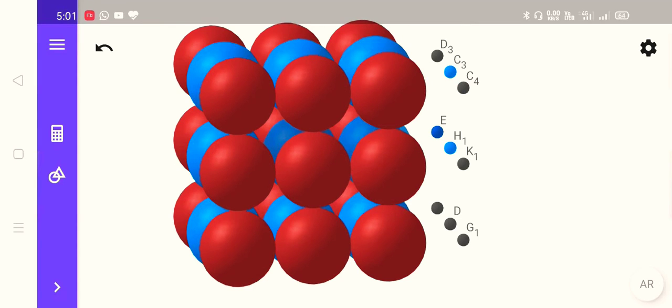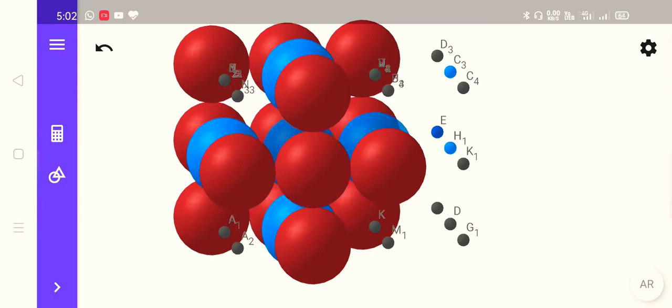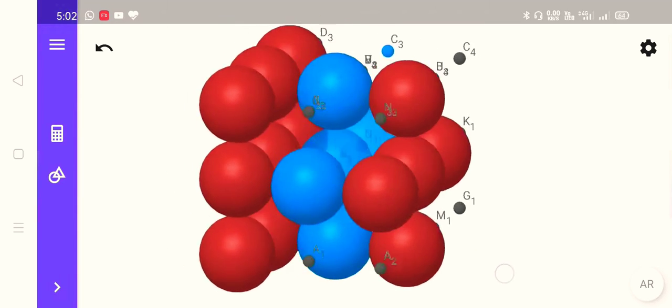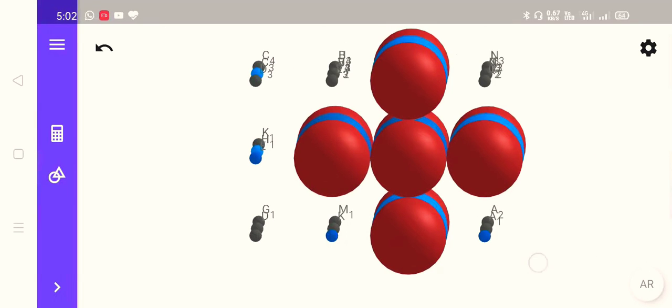First of all, we remove a side layer, and now we will remove 4 corner spheres from the front layer. So 4 spheres are removed. Now from the second layer again 4 corner spheres will be removed, and now we will remove 4 spheres from the back side layer.